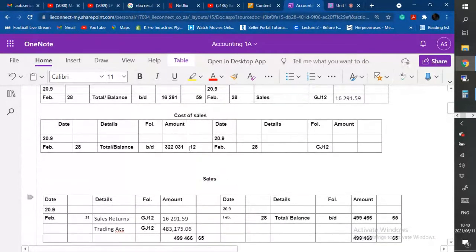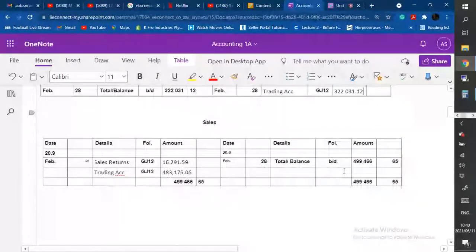Next, we have to close off cost of sales to the trading account. Here you can see it's got a debit balance. We've done this. Here we write trading account. Can you see how fast and how easy this thing is if you know your process? And how many cents? And 12 cents. Now can you see here we credited cost of sales.